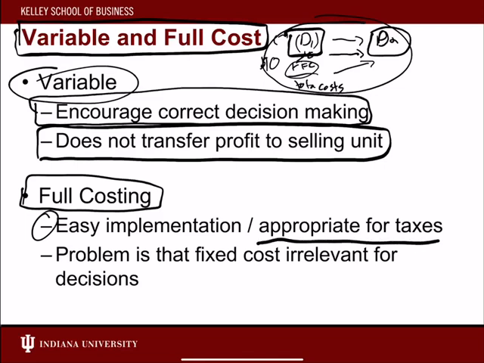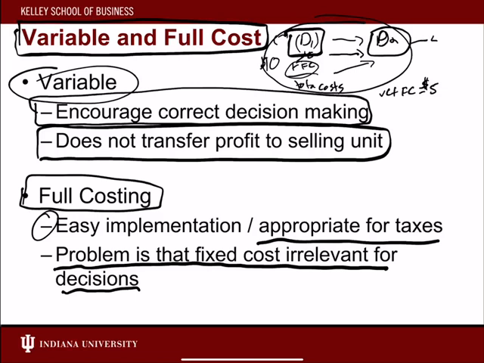But the problem is that fixed costs can be irrelevant for a lot of decisions. If Division 1 is charging all those fixed costs to Division 2, and Division 2 finds it cheaper somewhere else, say variable costs plus fixed costs are $5 and Division 2 can buy it for $4.50, it's going to look like Division 2 should go on the open market and buy it.